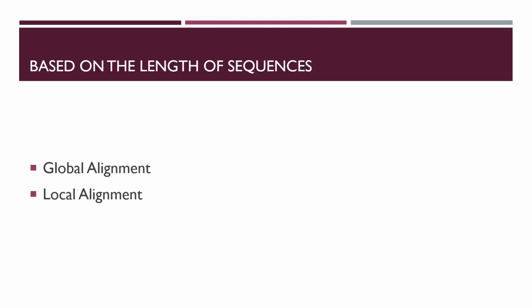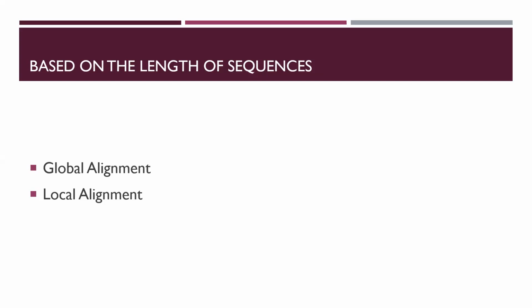So when the entire length of sequences is included while aligning, the sequences of equal length serve as good candidates. This global alignment is carried out considering the entire length of sequences. The sequences with similar length serve as good candidates for global alignment.